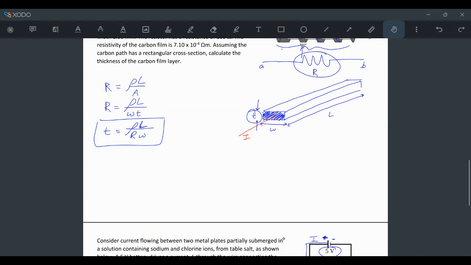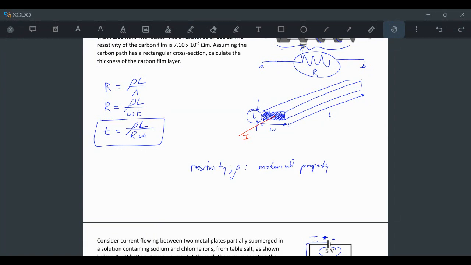The resistivity, let's break it down into different pieces. That's rho. It's a material property. It's basically a statement on how tightly bound the electrons are in a material, how resistive, for instance, the crystal structure of a solid is to electrons flowing through it, how much they are affected by the nuclei.